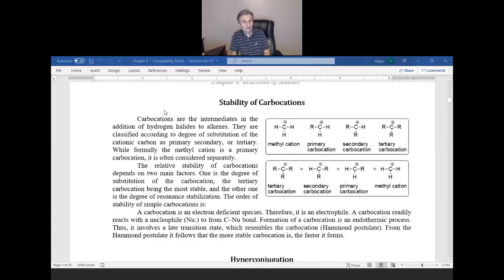And this is very important, relative stability of carbocations. We classify carbocations according to degree of substitution of the carbocationic or electron deficient carbon. So we classify carbocations as methyl cation, primary, where carbon has only one substituent, secondary, carbon with two substituents, and tertiary, carbon with three substituents.